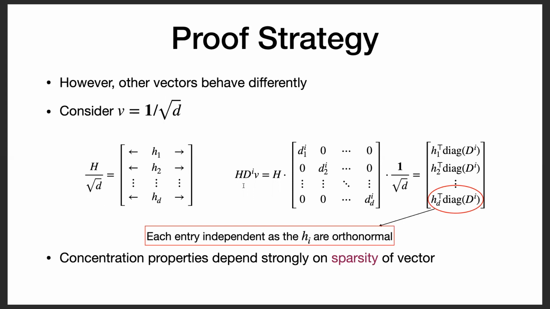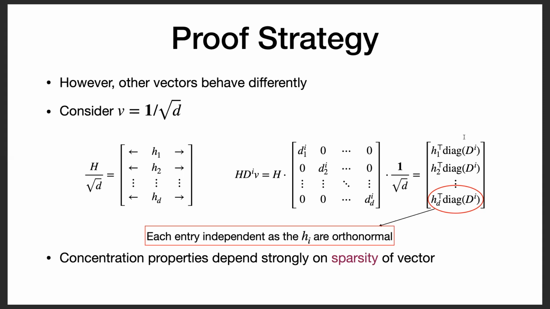Now if you look at H times the diagonal matrix times the scaled all ones vector, the output is simply going to be the inner product of these orthonormal rows H_1 through H_D with the diagonal entries of the diagonal Gaussian random matrix.